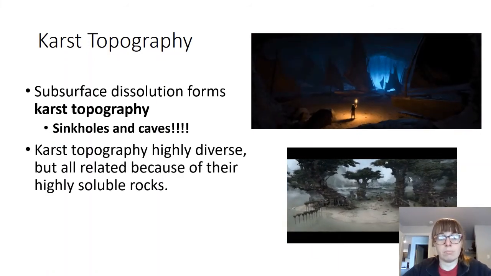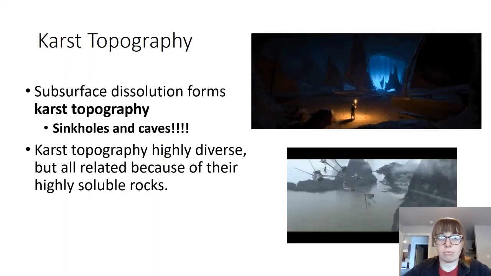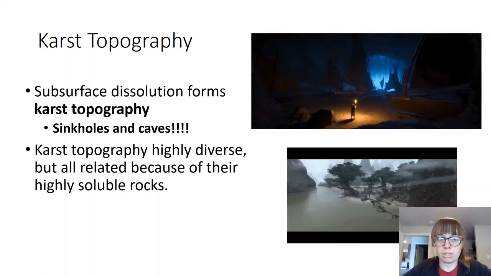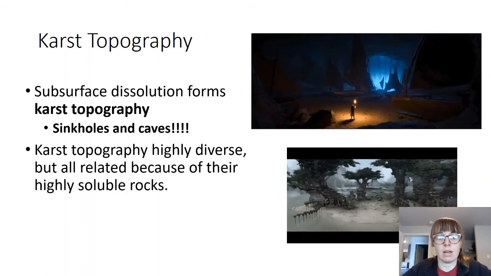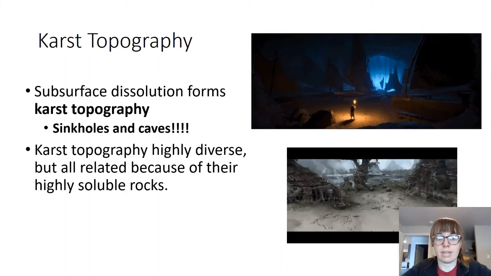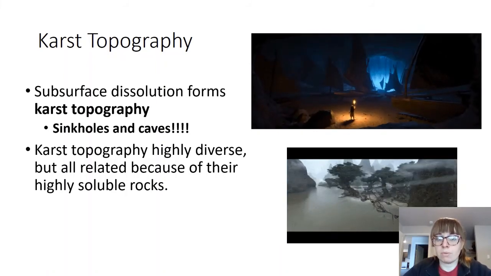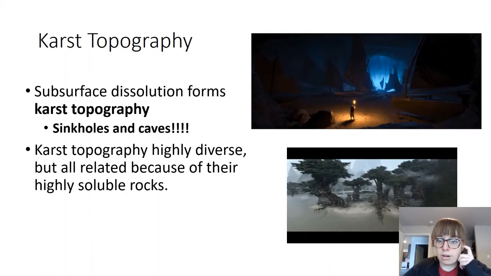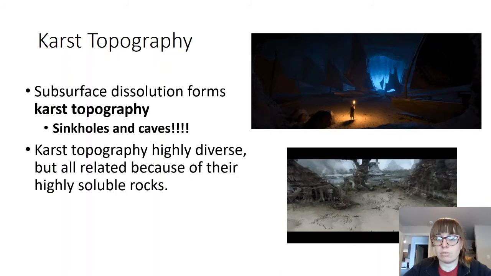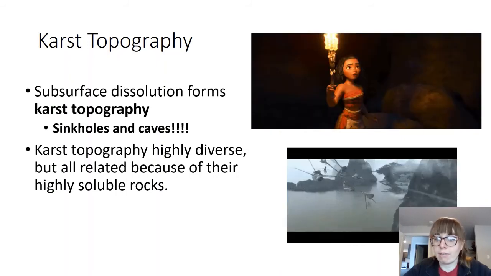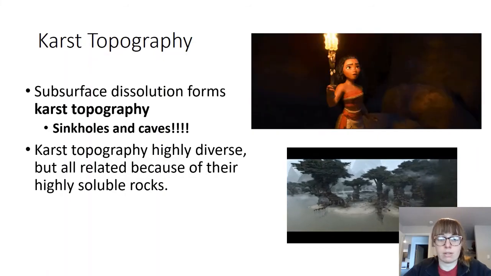Because it's a catch-all term for things formed from subsurface dissolution, karst topography can be highly diverse, but they're all related because they have really soluble rocks. For example, in China, there are mountains caused by dissolution, but also generally think of caves and sinkholes and those examples that we have in the US.